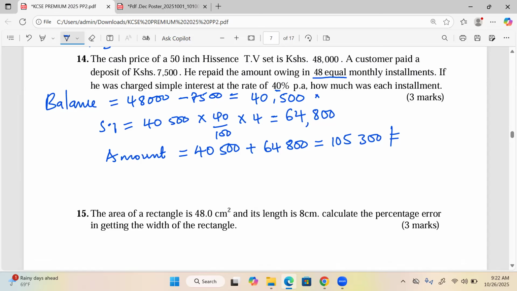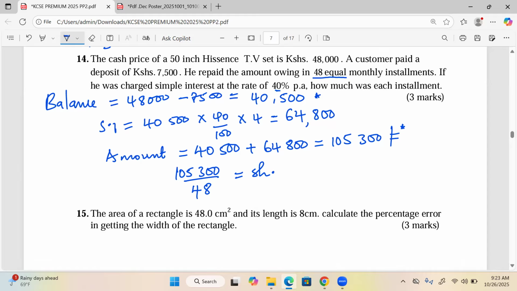instead of 48,000, will pay 105,300. Now, if this is going to be repaid in 48 equal monthly installments, how much was each installment? So 105,300 divided by the 48 months, that you may know the value of each installment.